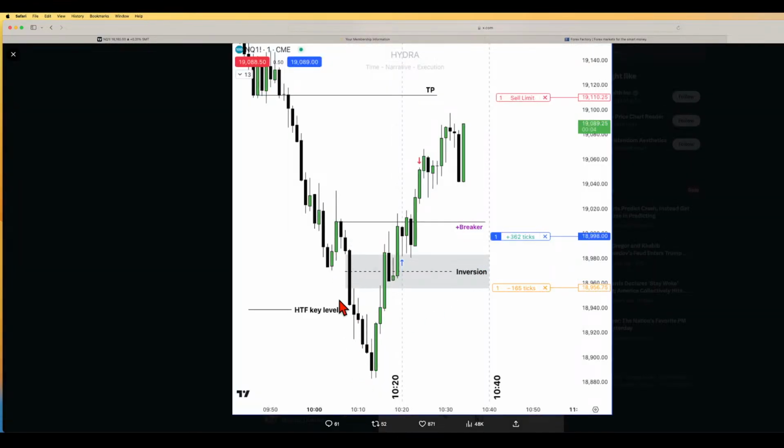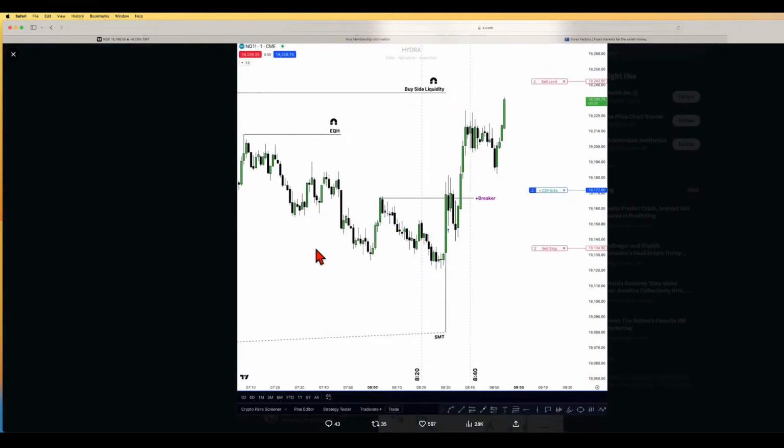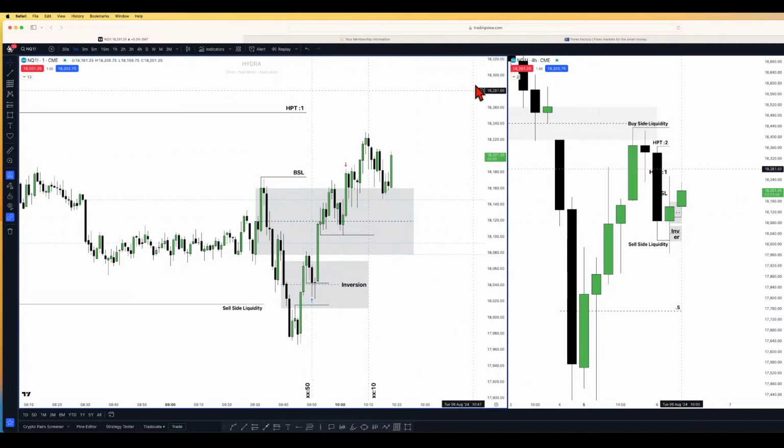Same structure. Look at this. Look at this. And compare this scenario to what we just took now. Very, very similar. Just the inversion is a little bit bigger. Look at here, 8:20 to 8:40, same structure, guys. I think this is one of the most high probability market patterns anybody can ever find to trade. Isn't it the same? It's exactly the same.